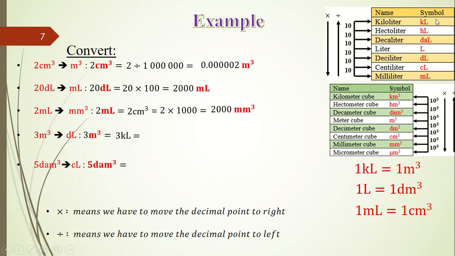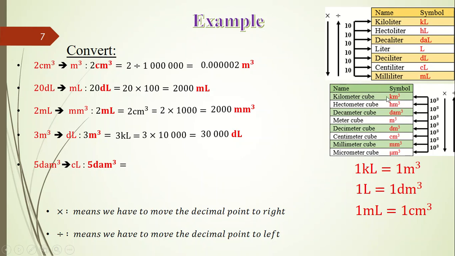Okay, I am going downward, so I have to multiply by which number? I have to count the zeros. From kiloliter to hectoliter, 1 zero. From hectoliter to decaliter, another zero. So we have here 2 zeros, here 3 and 4. So I have to multiply by 10,000. Okay, 3 times 10,000 gives me 30,000 deciliter.